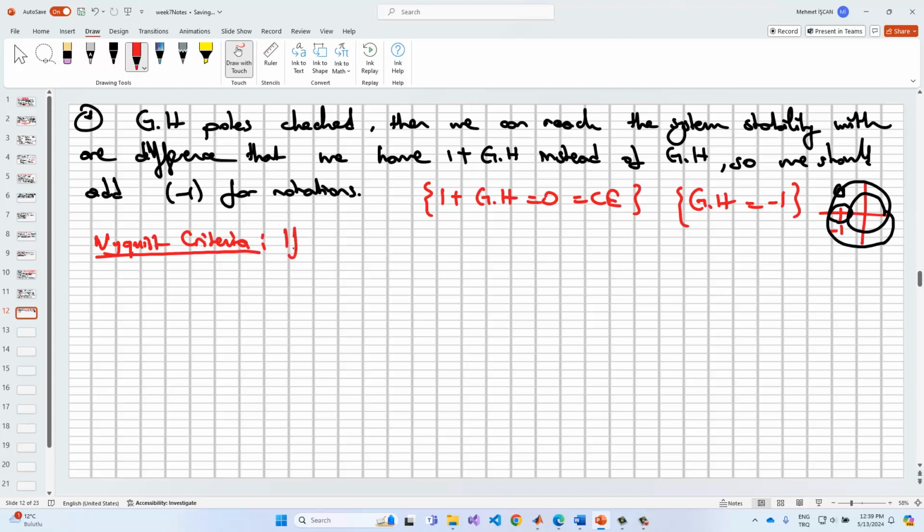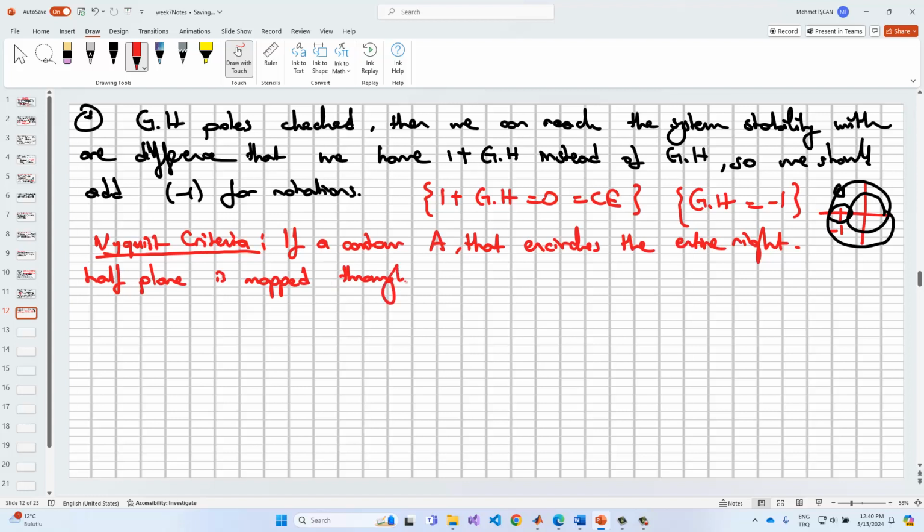If a contour A that encircles, which covers the entire right half plane, is mapped through G(s)H(s).